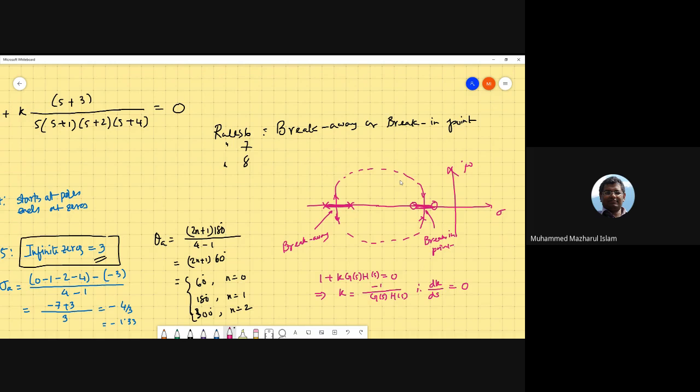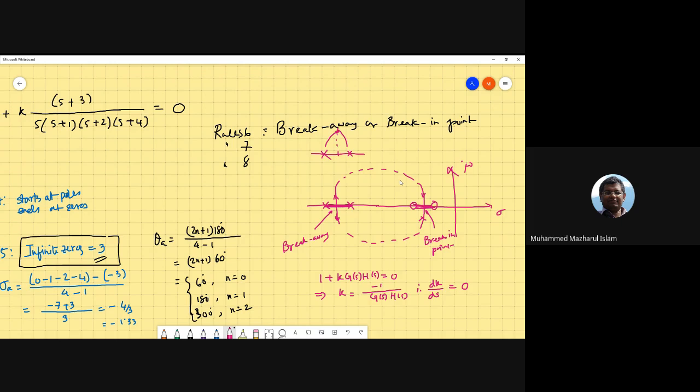Now, why is this? How did this come by? Well, actually, it's seen that if you look at the gain values between the two pole positions, the gain value at the breakaway point is maximum.